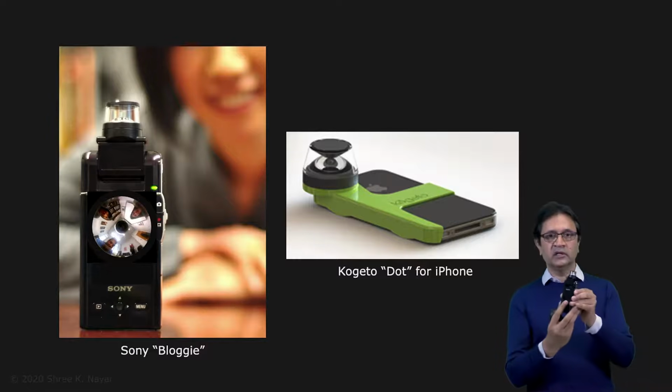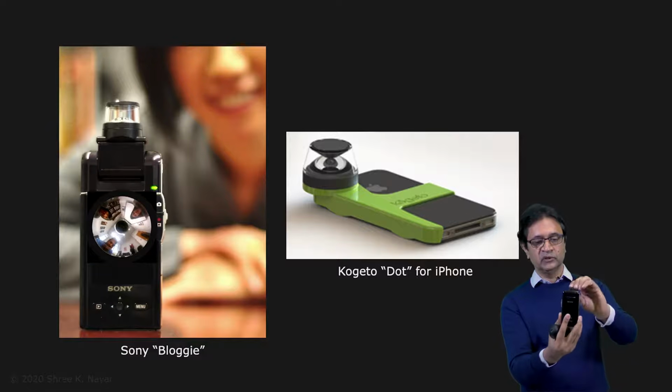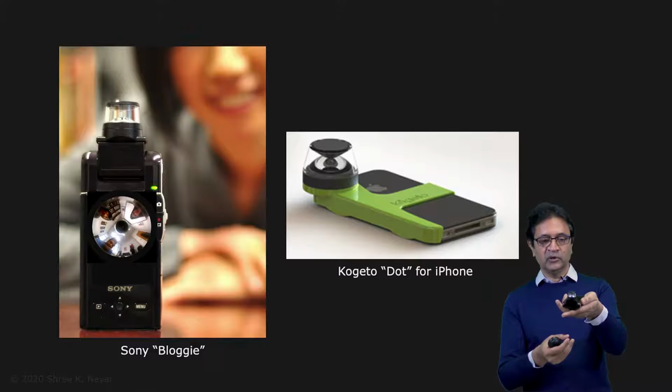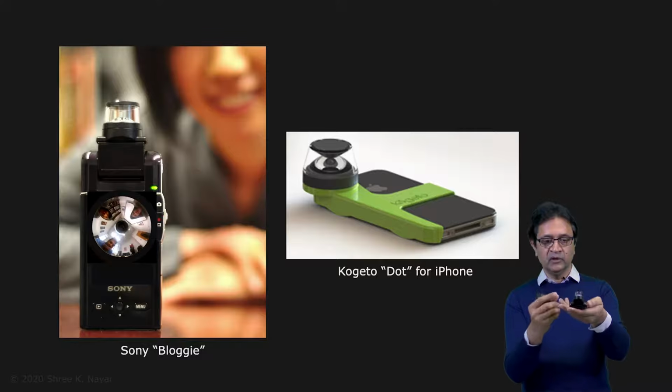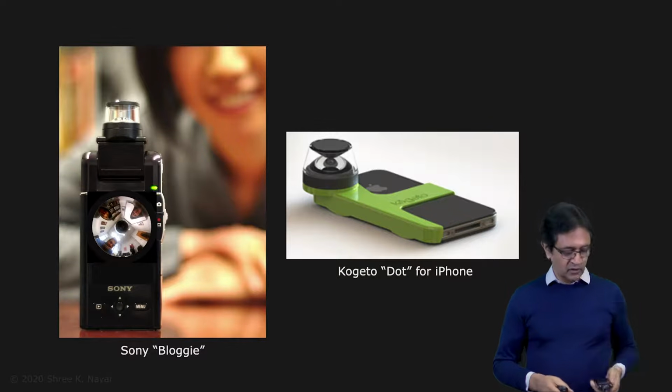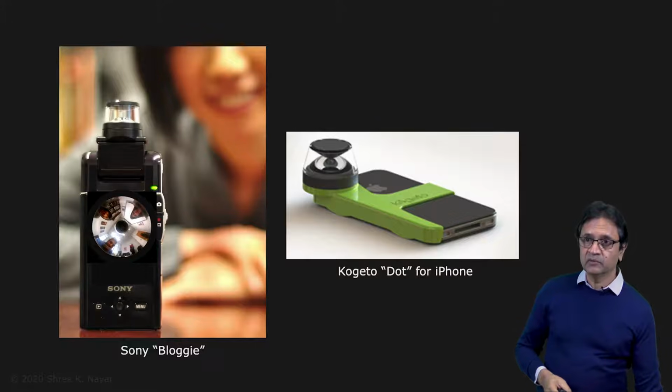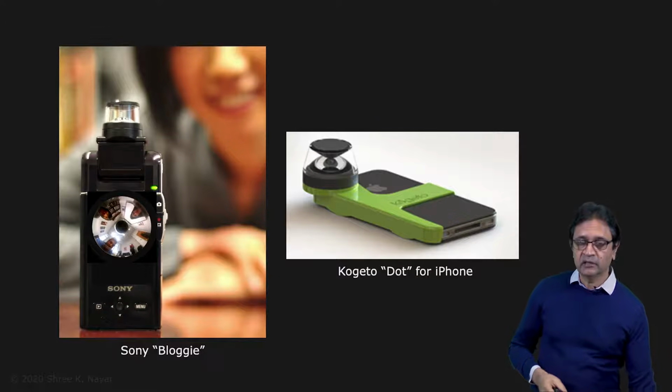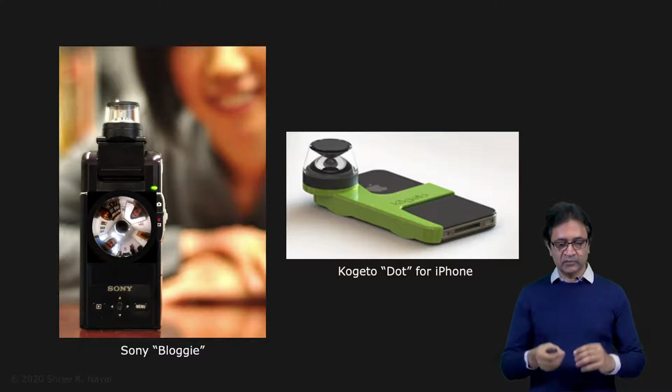And so you see that it has a little attachment here which you can flip over. If you want to keep it on a table, it would go like this, capture a panorama, or you can hold it up like this to do the same. On the right, you see an attachment for iPhones, which would take the iPhone camera and convert it into a panoramic camera.